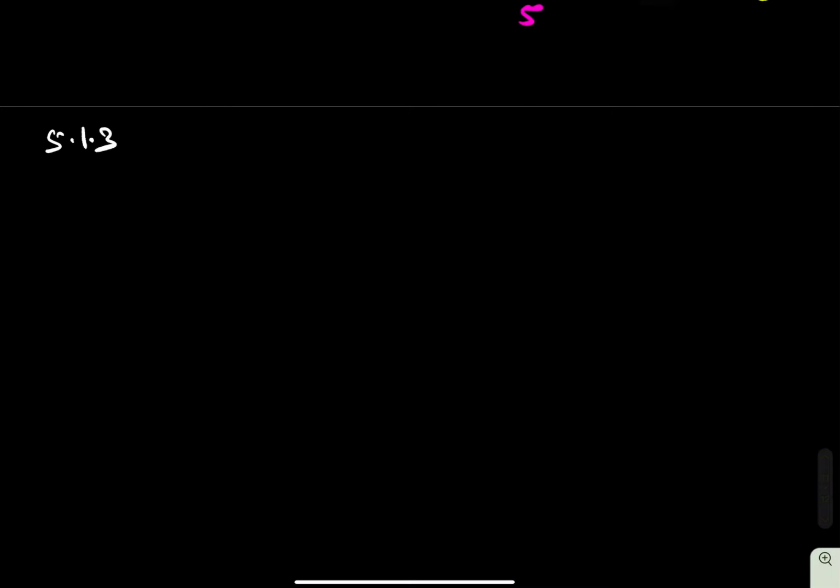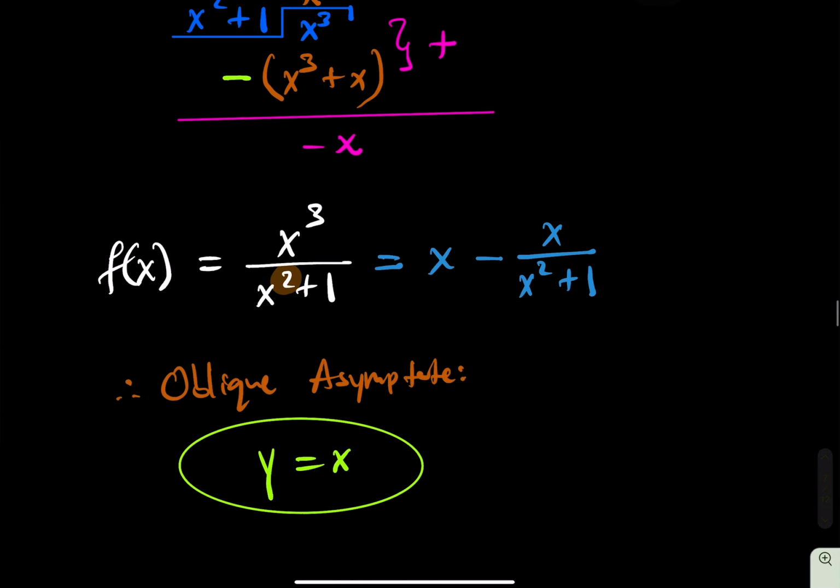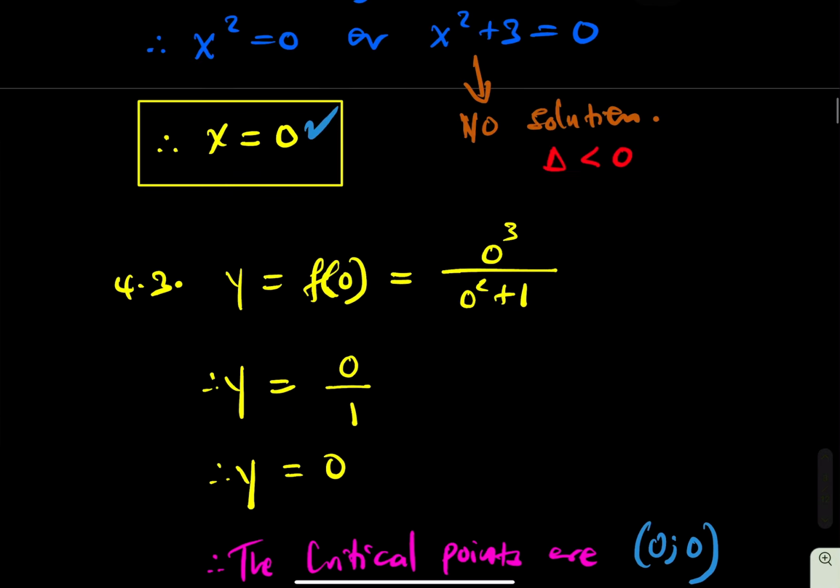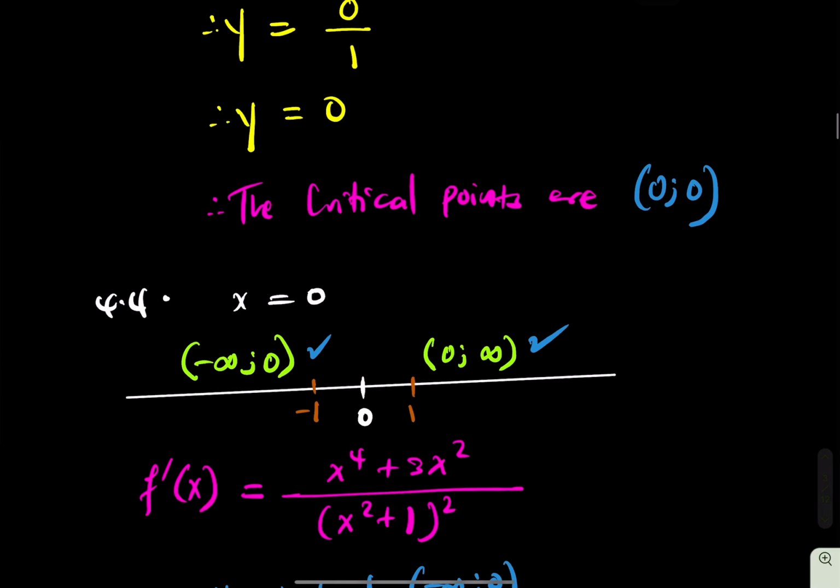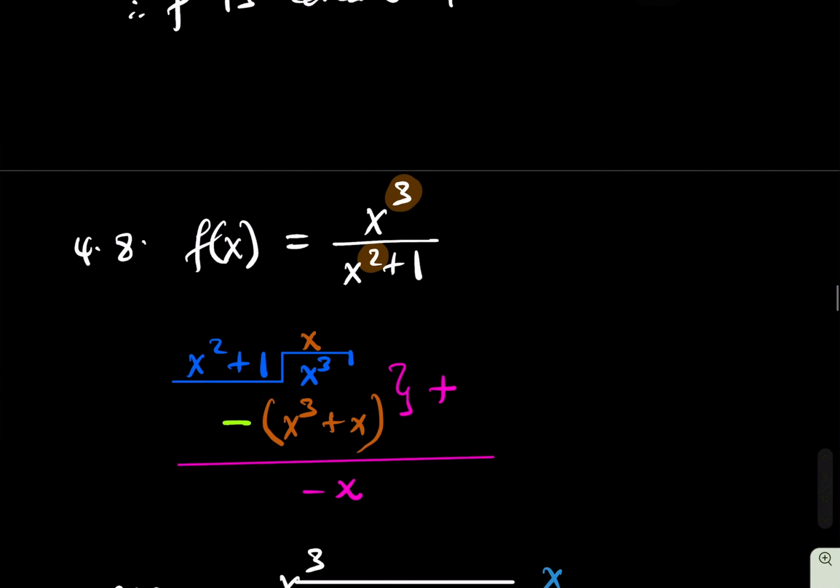You know, these are integrals. I hope we are halfway done. So let's check 5.1.3. The integral of 6x squared plus 21x plus 11 over x squared plus 3 into x plus 5. So that is partial fractions, right?